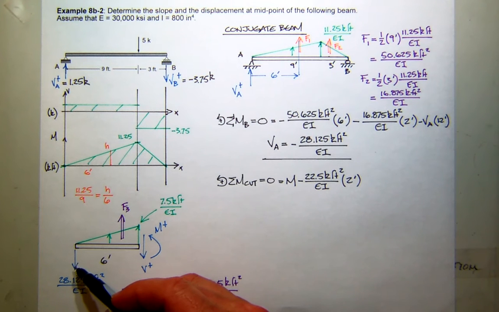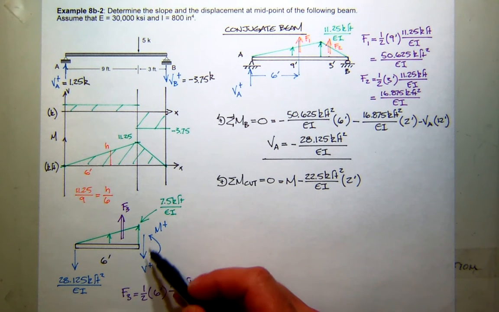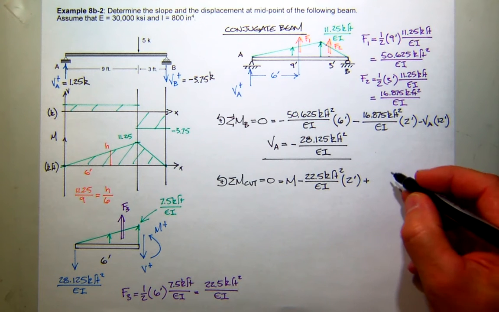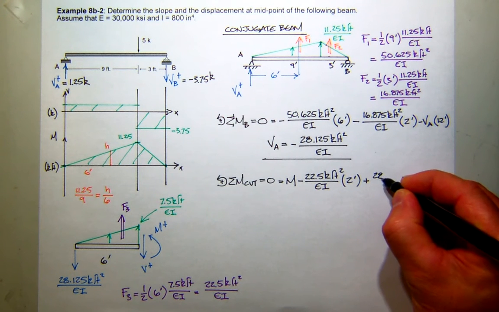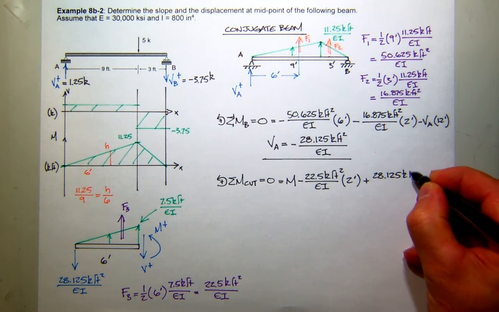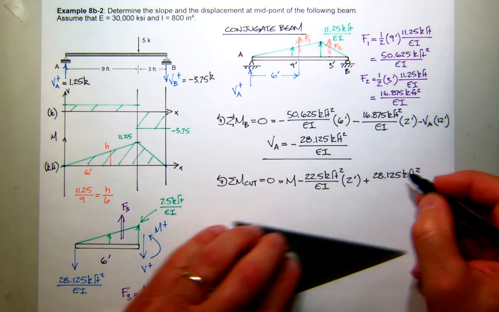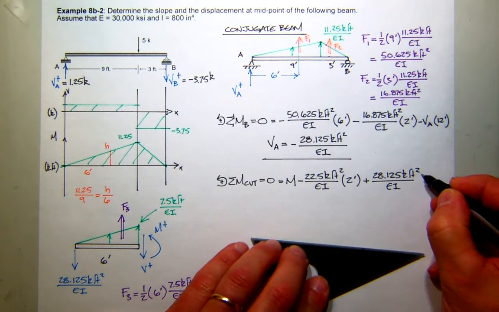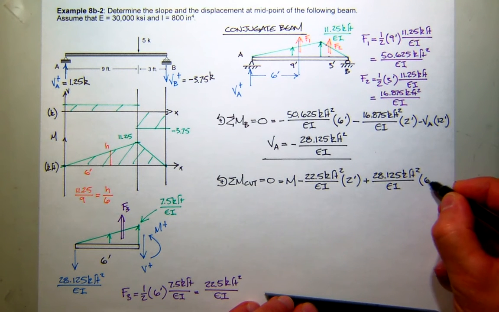Then I have the reaction force, which creates what kind of moment about the cut? Positive. And that is 28.125 kip feet squared, again divided by EI. And what's its moment arm? 6.